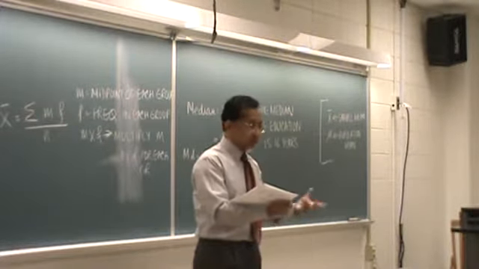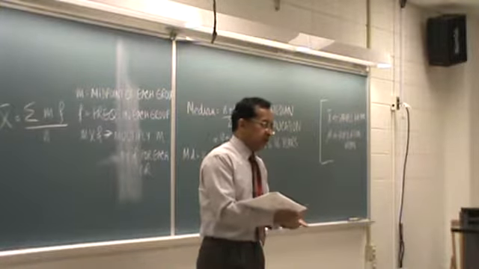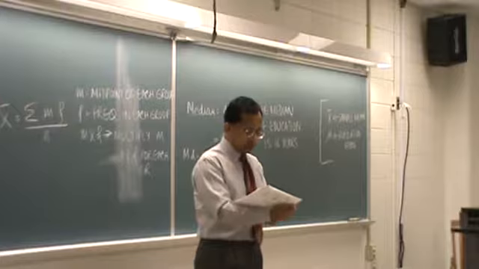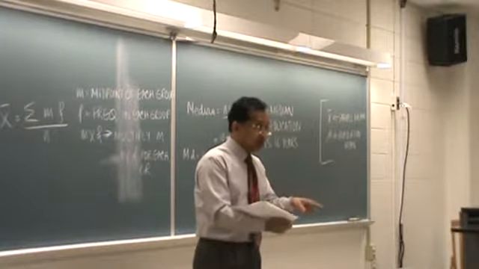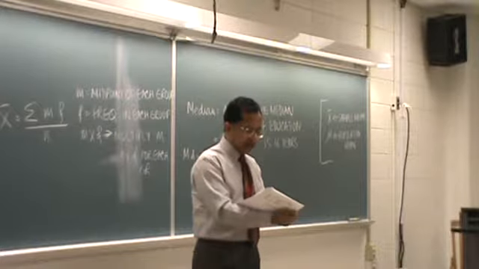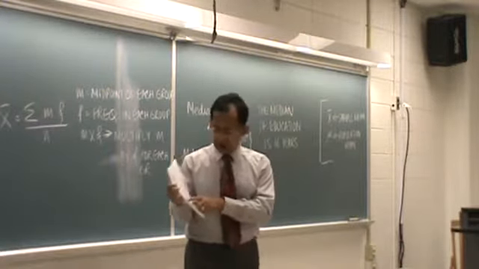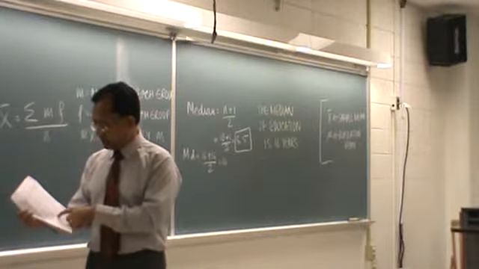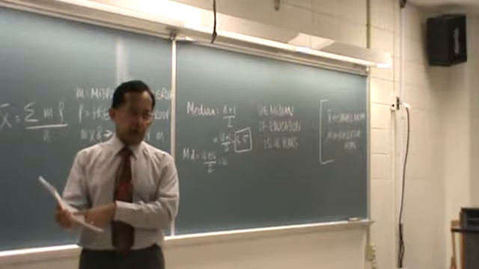So the midpoint, 248 divided by 2, is 124. And the frequency given to us in that table is 6. So we multiply that midpoint by the frequency, and we get 124 multiplied by 6, that's 744.